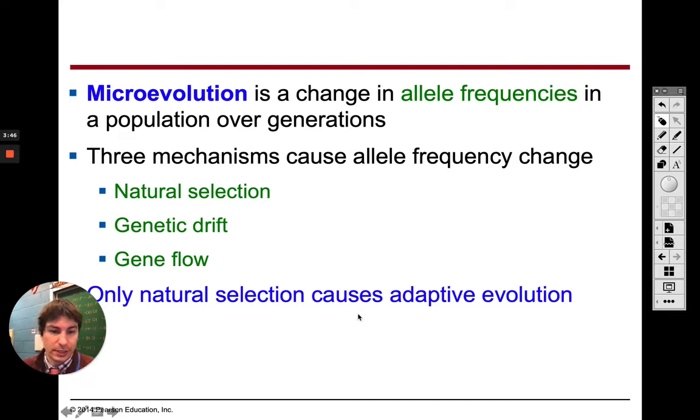Only natural selection causes adaptive evolution. So when we're talking about adaptive evolution, this is when there are changes in the frequency of certain traits in a population based on the environment or like a change in the environment. For example, let's go back to Jurassic times.